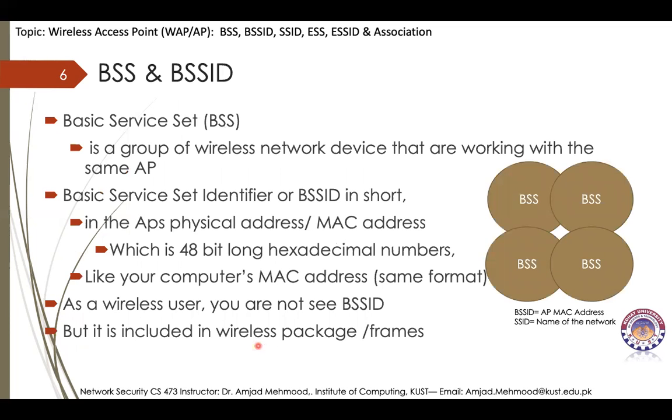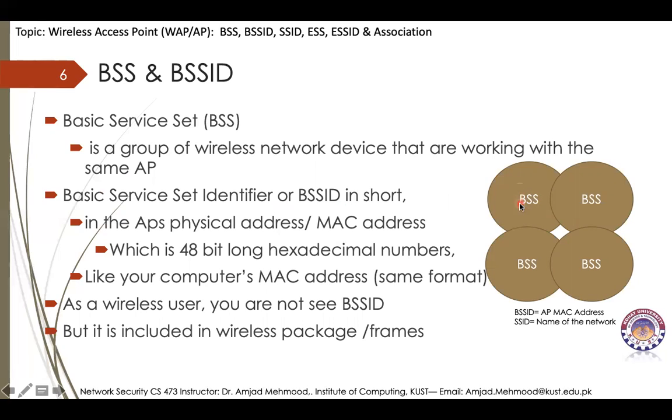So this is BSS and BSSID. For example, if you consider this as a range, we have four BSS here. You can say basic service set. Each service set has its own access point, and this is the range. So the basic service set identifier identifies each BSS from others.